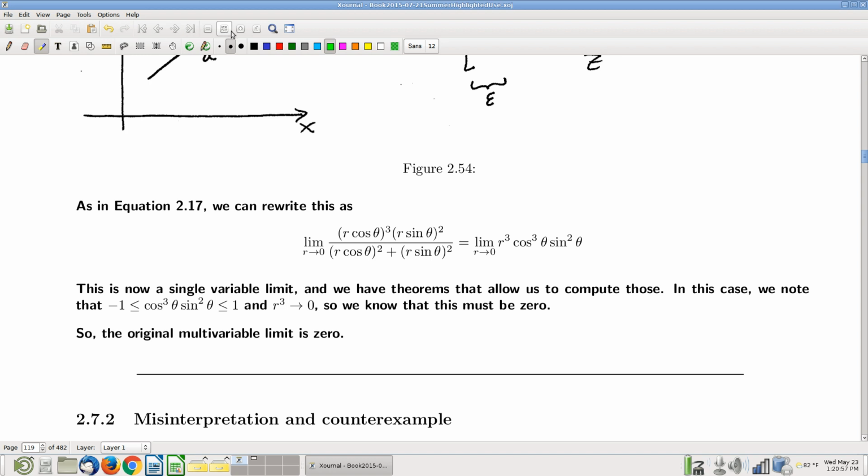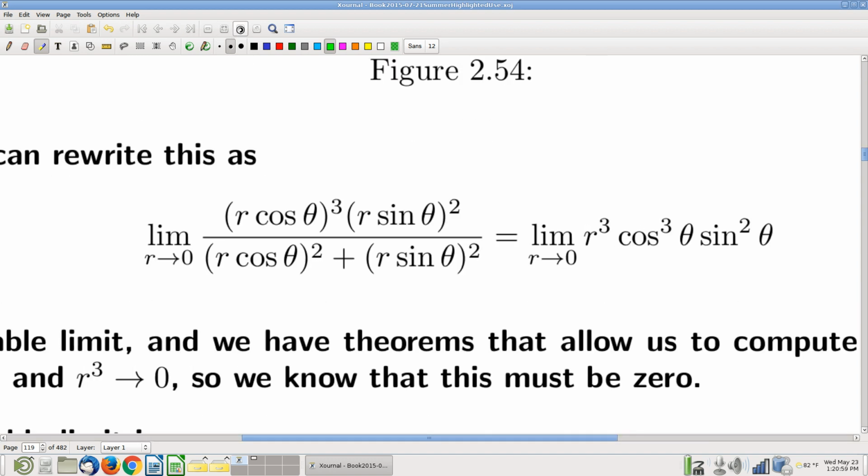And all I have done here is plug that in. Here is x cubed y squared. The denominator, same deal, x squared plus y squared. Well, we've already observed that that's r squared, and you can multiply out the trig if you'd like, but you can see that this is going to turn into r squared. Right?